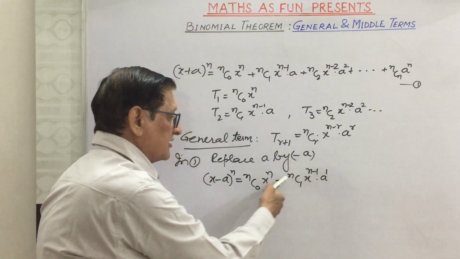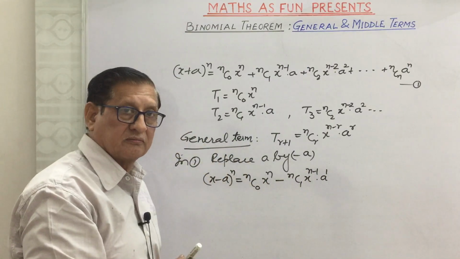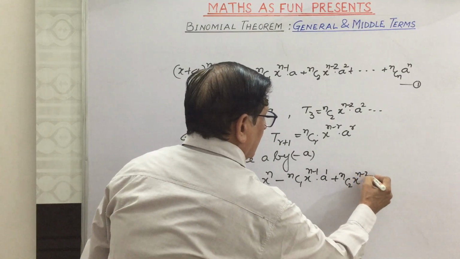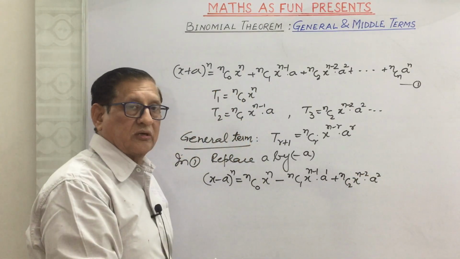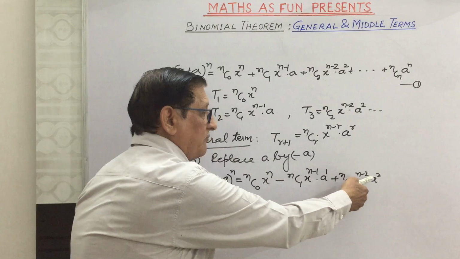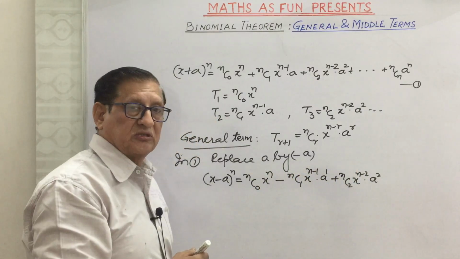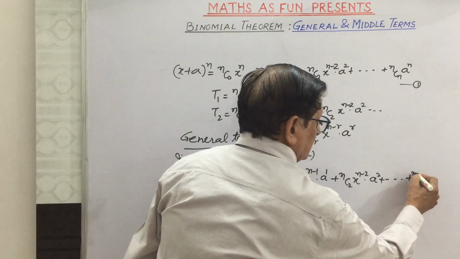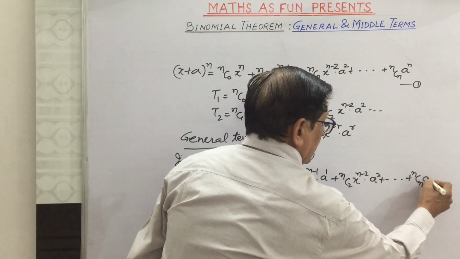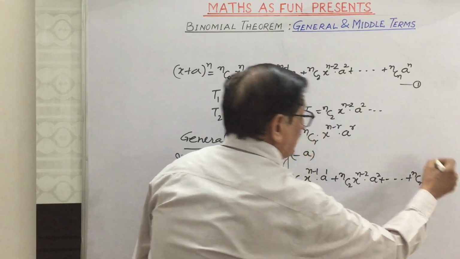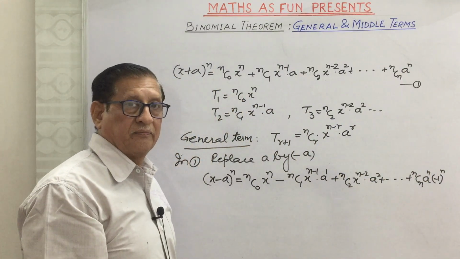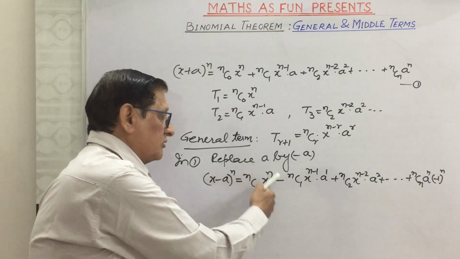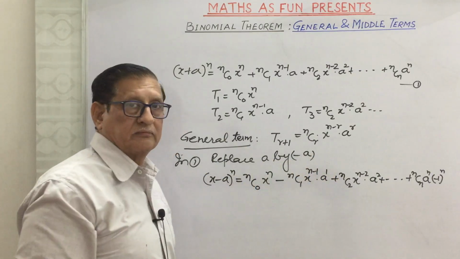Because a is minus a, so this sign will change. Plus nC2 x^(n-2) a^2, since it is the whole square of minus a, this will remain positive, and so on. We can find the last term as nCn a^n into (-1)^n. It means what we find in this expansion, alternate terms are negative.